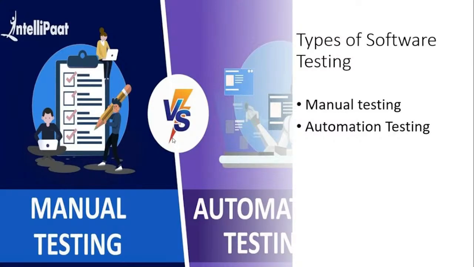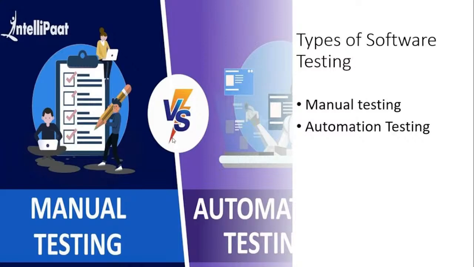So what is automation testing? Automation testing is where there is an intervention of a tool. Suppose I have to test that particular block or the medicine, I put it in a tool and then test the quality of that product. The tool helps us in testing that product, so that is called automation.